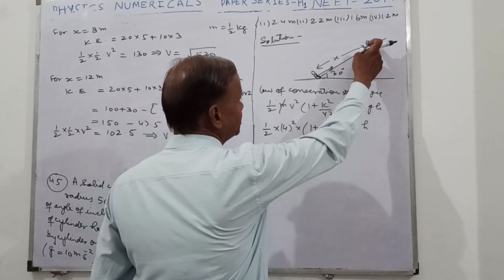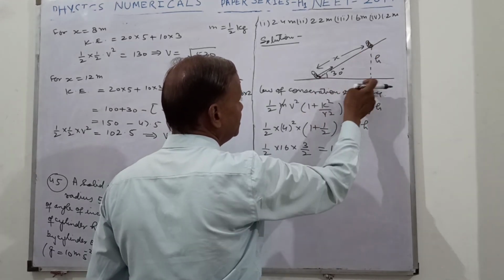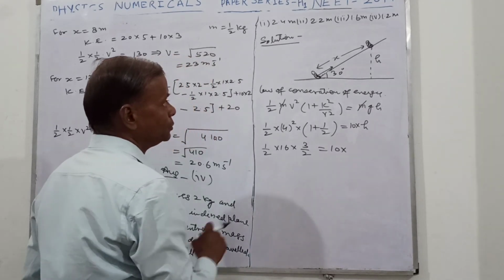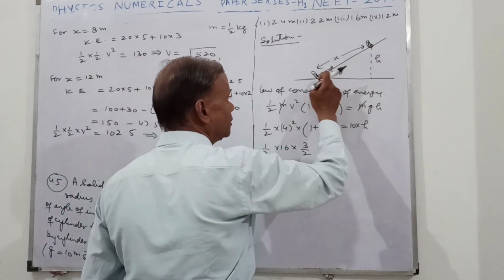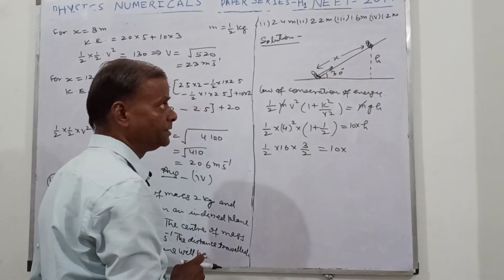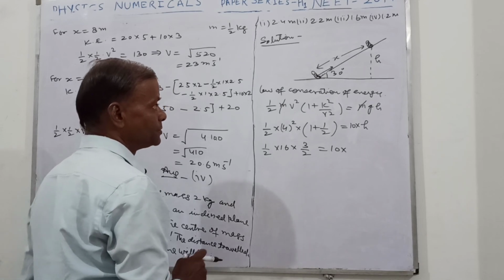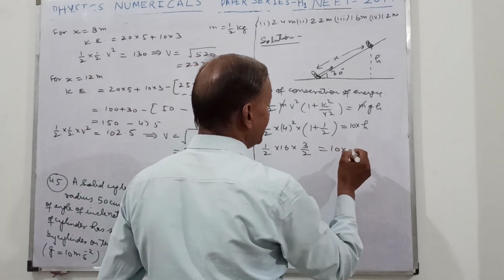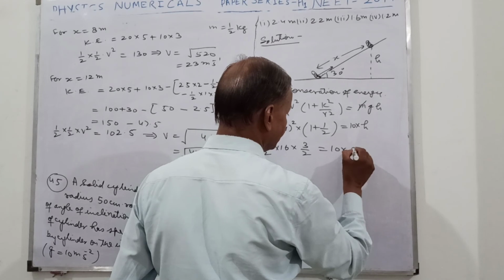And now h, this is a right angle triangle. So this is equal to the perpendicular upon hypotenuse, so this is sin 30. So h equal to x sin 30.